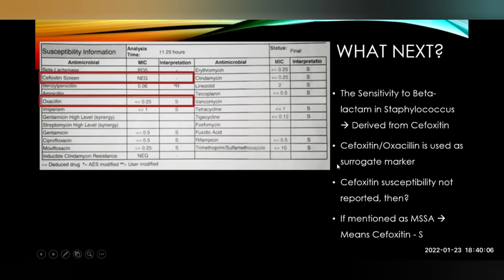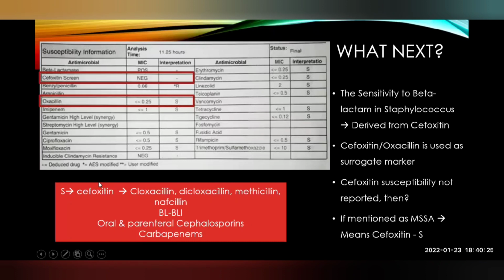So cefoxitin or oxacillin can be used as a surrogate marker. Your labs will not be reporting sensitivity to drugs like cloxacillin, flucloxacillin, cefazolin, etc. The sensitivity to these drugs will be derived from the sensitivity to cefoxitin.